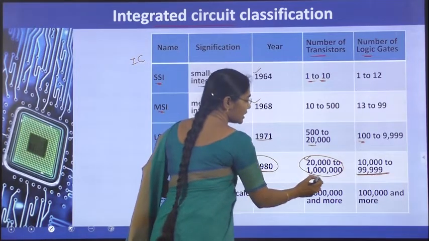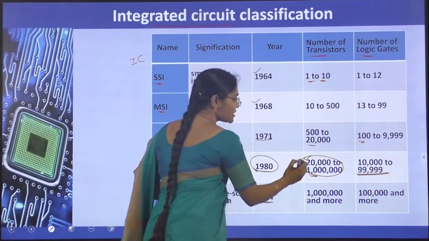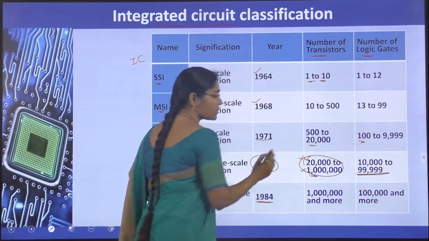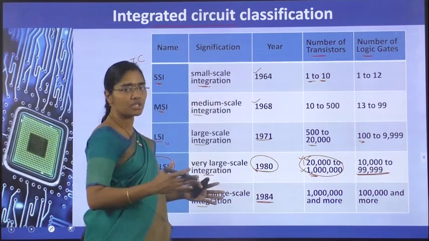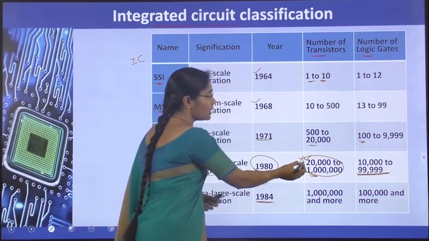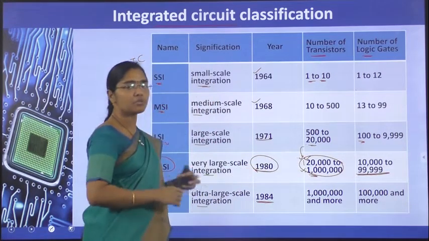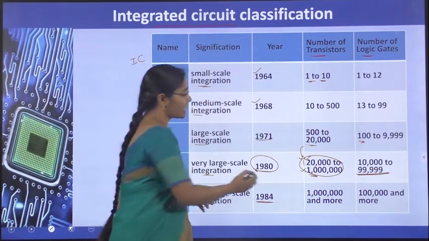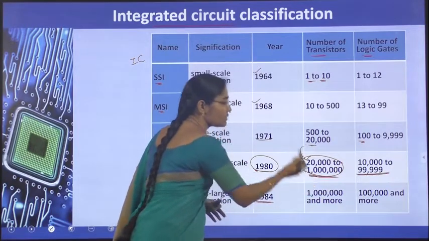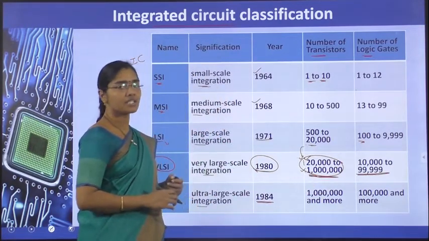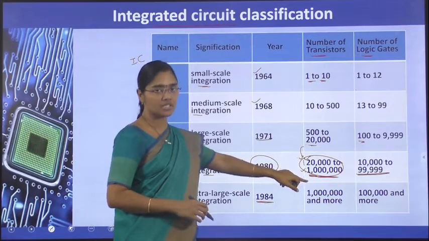If we observe here, the range from the minimum number to the maximum number is bigger. That means a circuit which can be implemented with LSI can be implemented with VLSI, and bigger circuits also can be implemented with VLSI because it has more transistors.